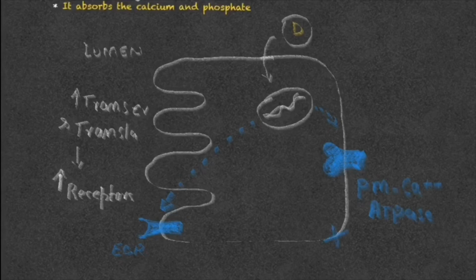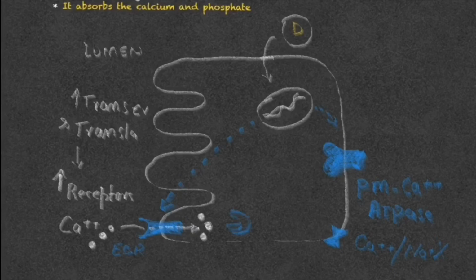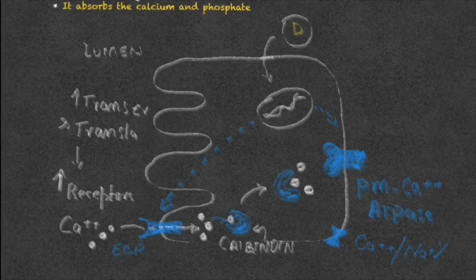And then there is an exchanger, which exchanges calcium for sodium, the sodium calcium exchanger. Now, when the calcium enters the cell, it binds to a protein called calbindin. And the calbindin carries the calcium to the other side of the cell. And from here, the calcium is absorbed through these receptors, right? And here it's exchanged for the sodium.